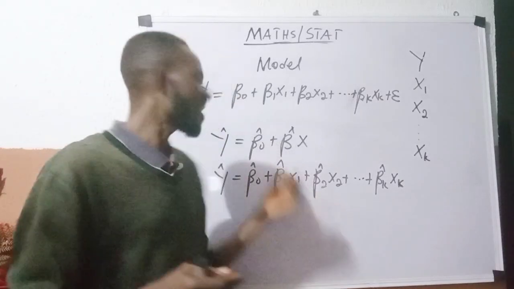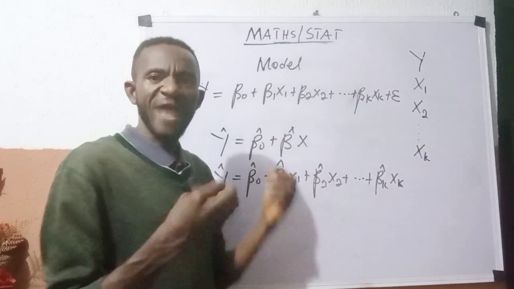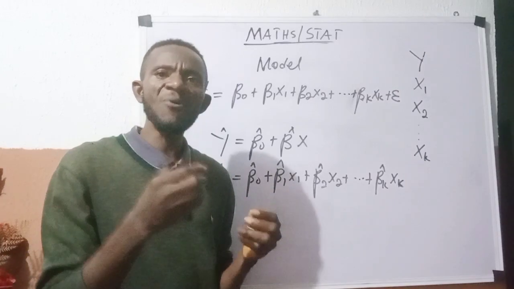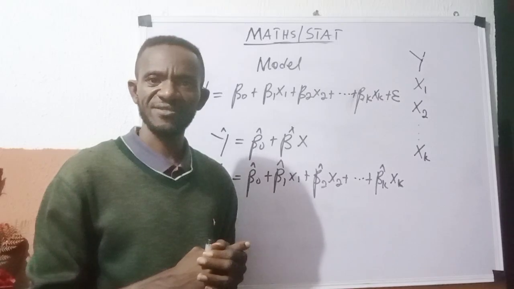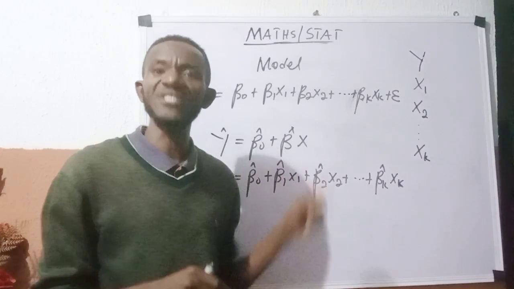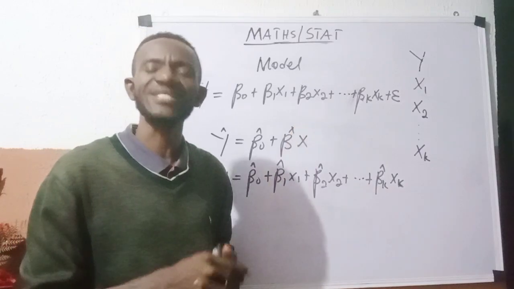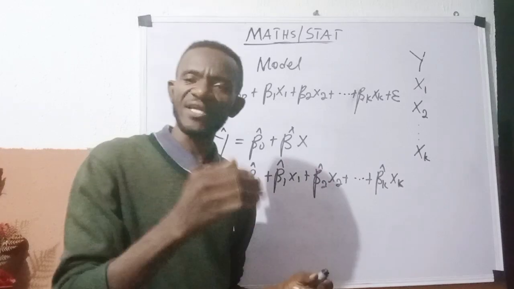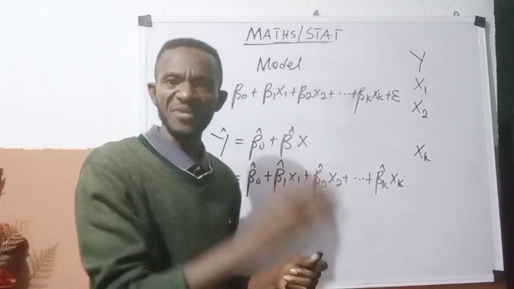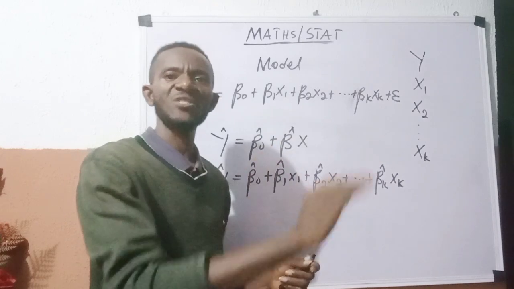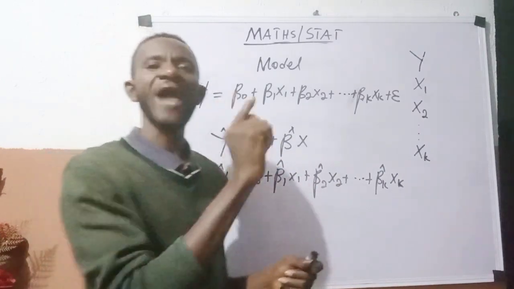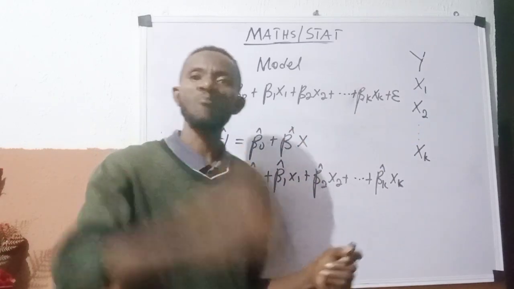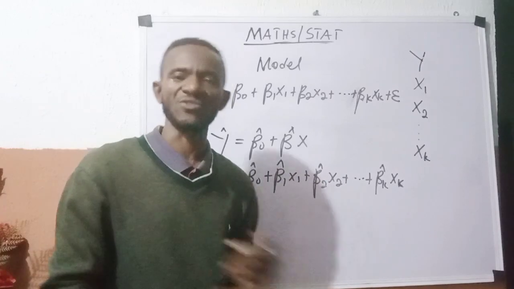However, before we can estimate these values and have values that actually represent reliable estimates of the population parameters, there must be assumptions which our regression model must satisfy. Therefore, before we go ahead to estimate the regression parameters, be it from the simple linear or the multiple linear, the model of our regression must satisfy some assumptions.